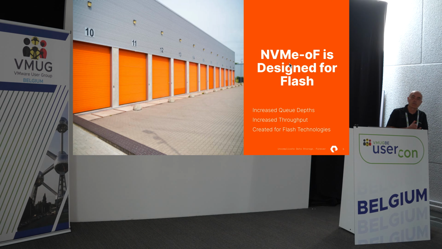NVMe, not only NVMe over Fabric, but NVMe per se, was designed with flash devices in mind. So parallel access, the highest throughput available for those devices, must be used by the end user application, by every workload that uses storage. So there is high parallelism implemented.